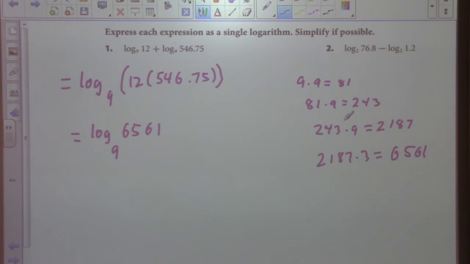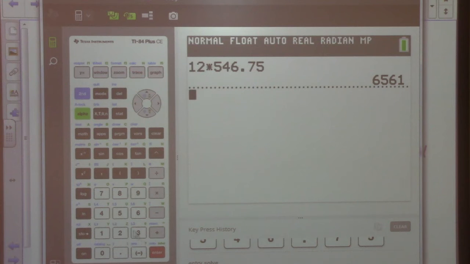3 to the power of, I don't know what. 3 to the power of 7. Okay, 3 to the power of 8, right? That's kind of cool.